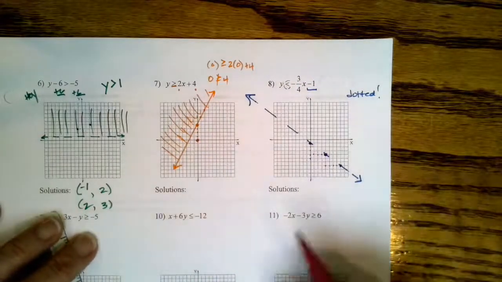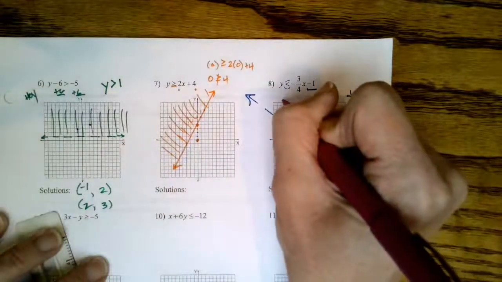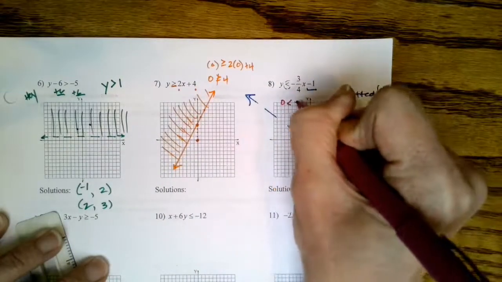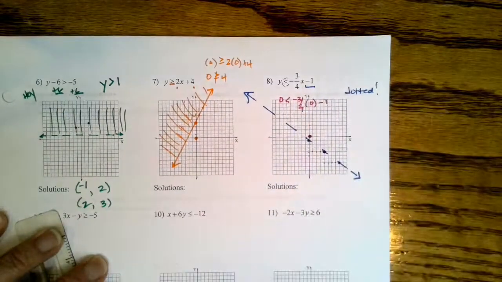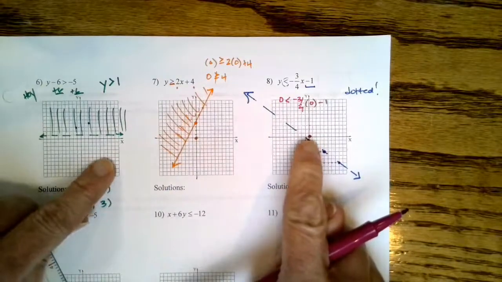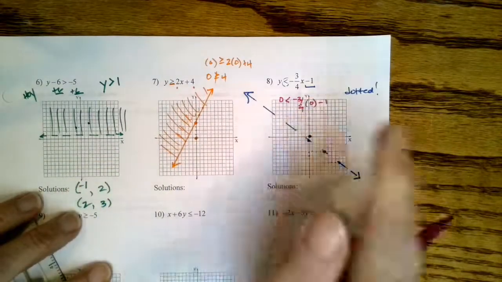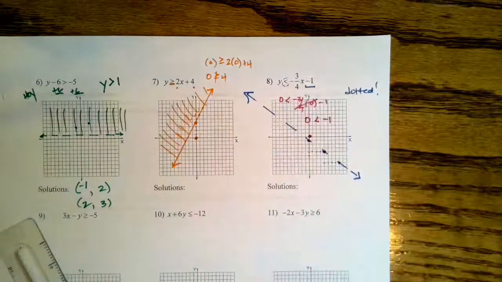When I look at 0, 0, I can use that as a test point. Is 0 smaller than -3/4 times 0 minus 1? I can pick any point. I choose to pick 0, 0 because look how easy the math is. Is 0 smaller than -1? Because that cancels out.